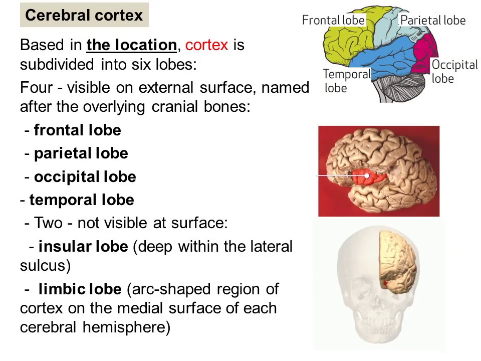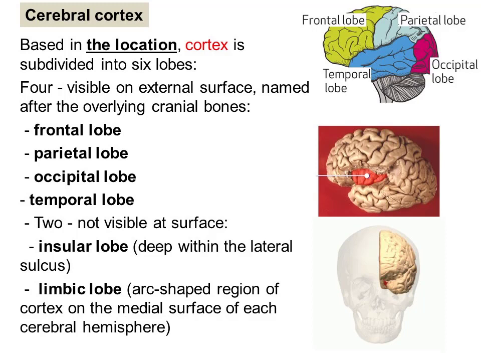All right, so looking at the cerebrum from a gross anatomical aspect on the outside, we can divide this up into four visible lobes. This one's easy. What's this one? Frontal. It's in the front. This next one is kind of easy too, on the sides. Temporal.